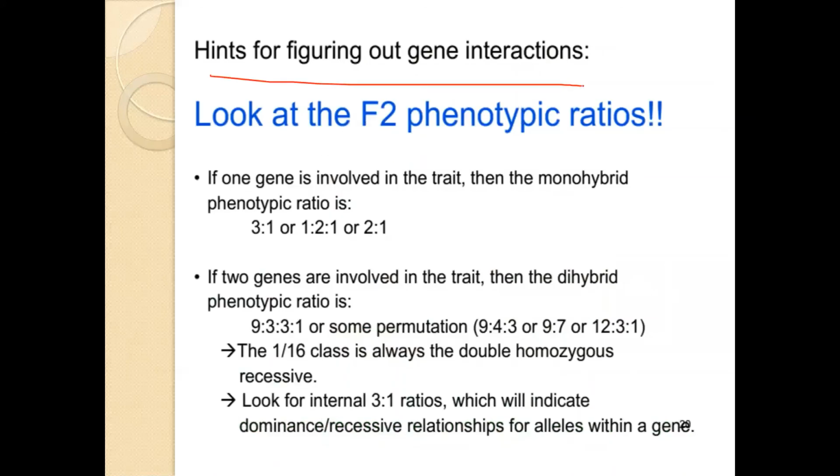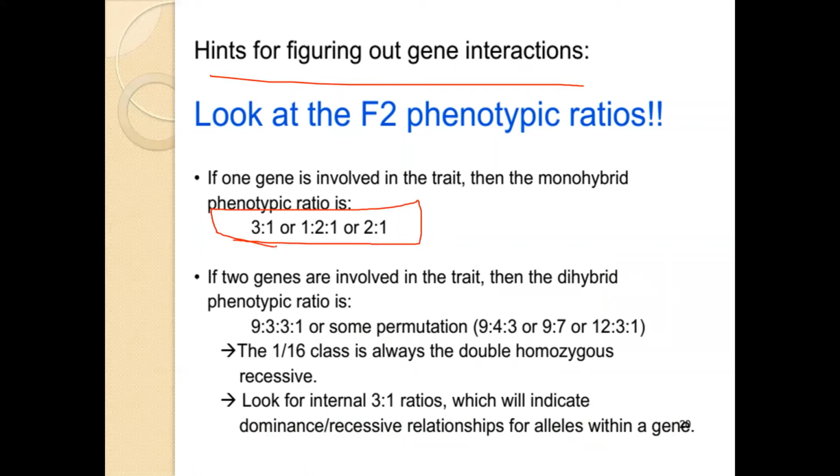So how are you able to tell what type of gene interactions are there? For that purpose, you have to look at the ratios. If one gene is involved in the trait, then the monohybrid phenotypic ratio is 3:1 or 1:2:1.